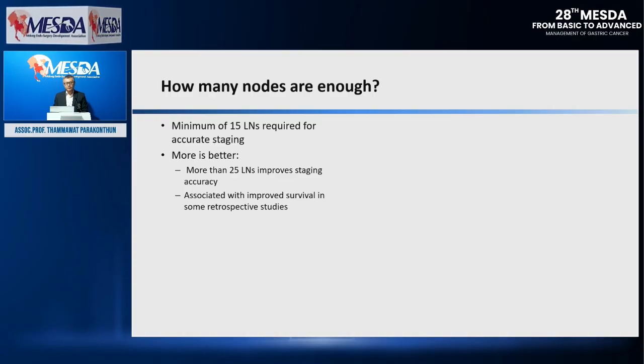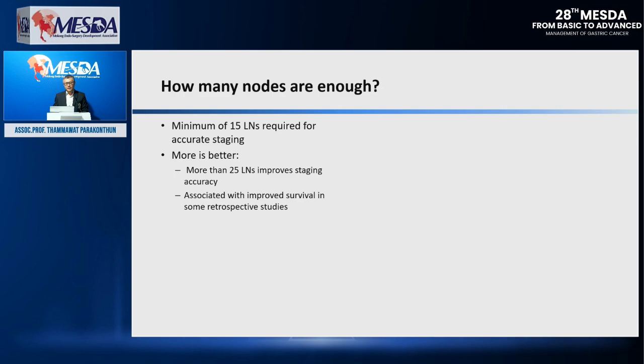So one of the important questions is how many lymph nodes should be removed during the surgery. Most recommendations say we should remove at least 15 lymph nodes for adequate staging.